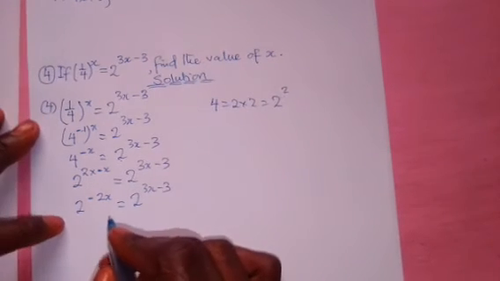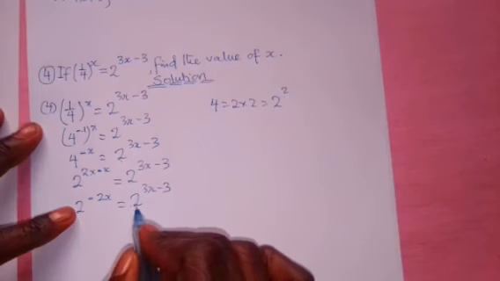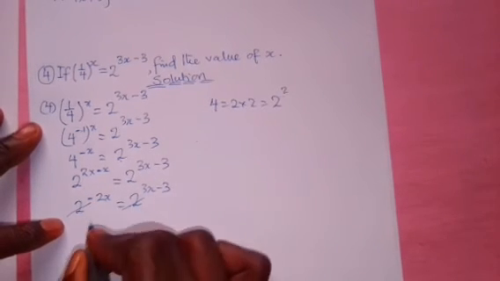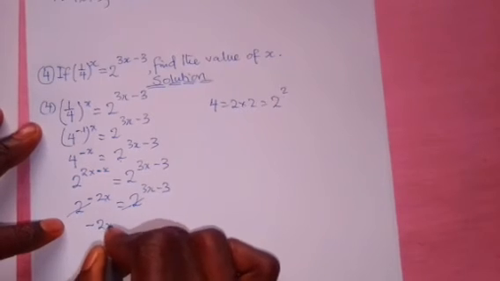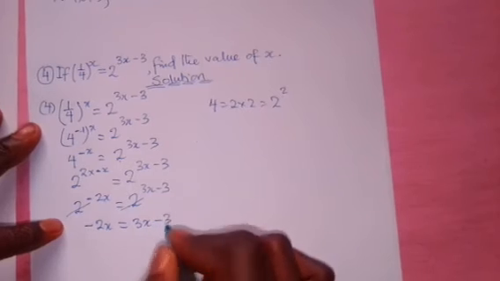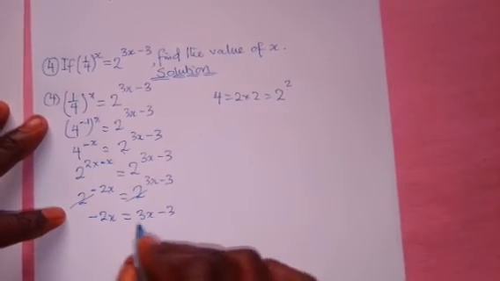So at this point, since the bases are the same, here we are having a 2 and here we are having a 2, we can cancel out the bases and equate the powers. So we can say minus 2x is equal to 3x minus 3. All right, so now the next thing we do is to collect like terms.